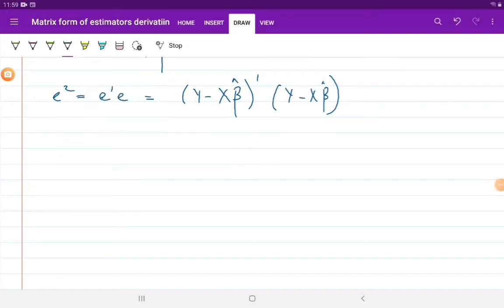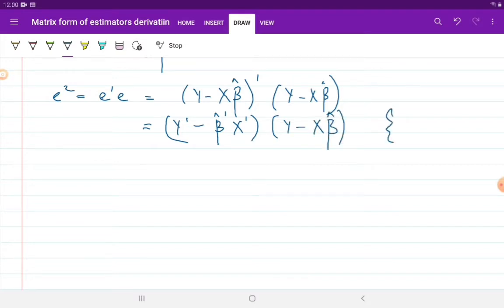Okay, so now we need to simplify this product. First, since it's y minus x times beta hat transpose, I'm going to write that as y transpose minus beta hat transpose x transpose into y minus x times beta hat.